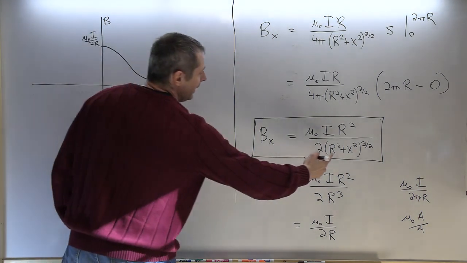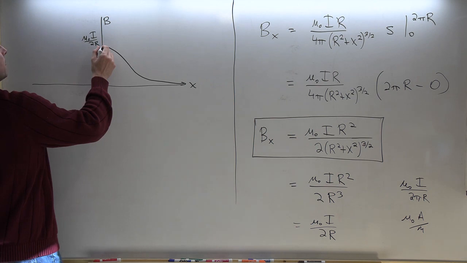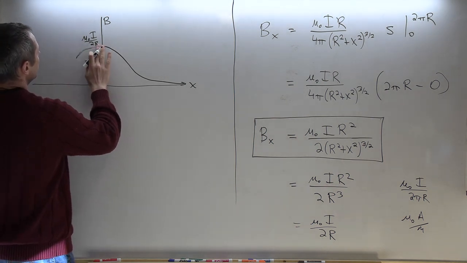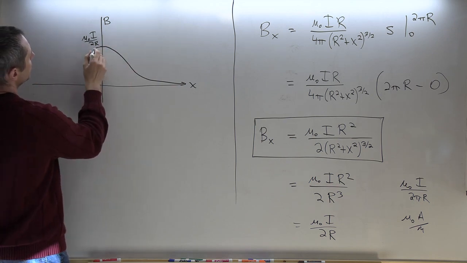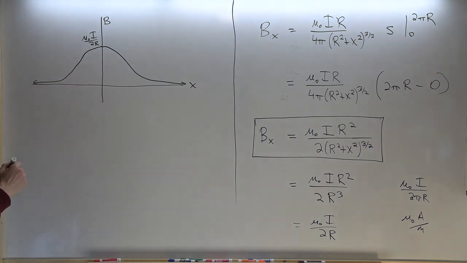Furthermore, if you plug in negative x, you get the same Bx value. So it's basically an even function, so we should have a mirror image here for negative x. Okay?